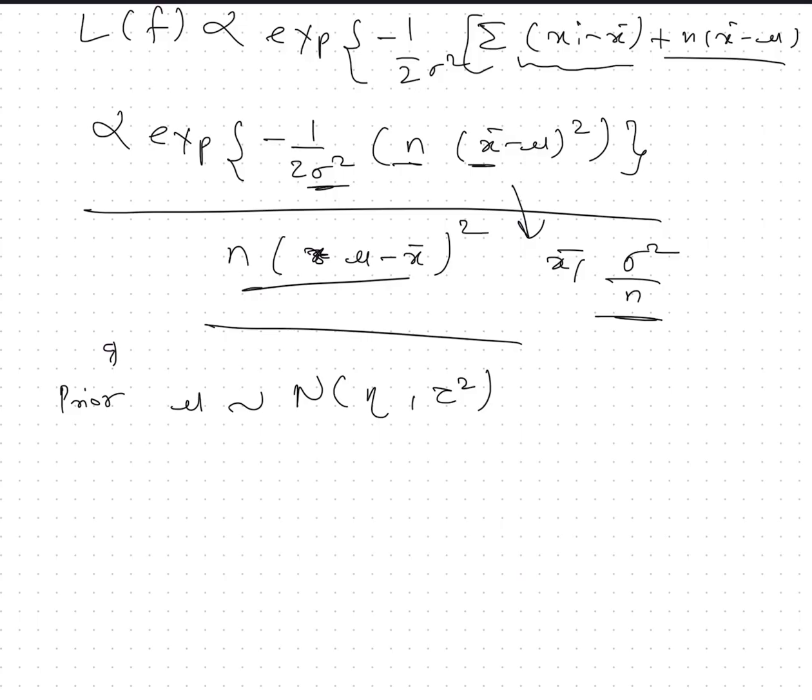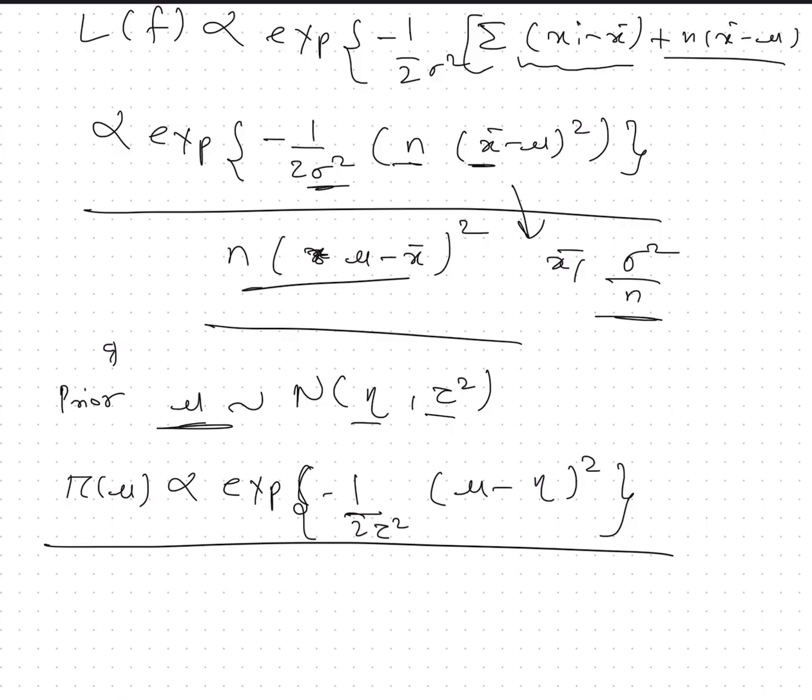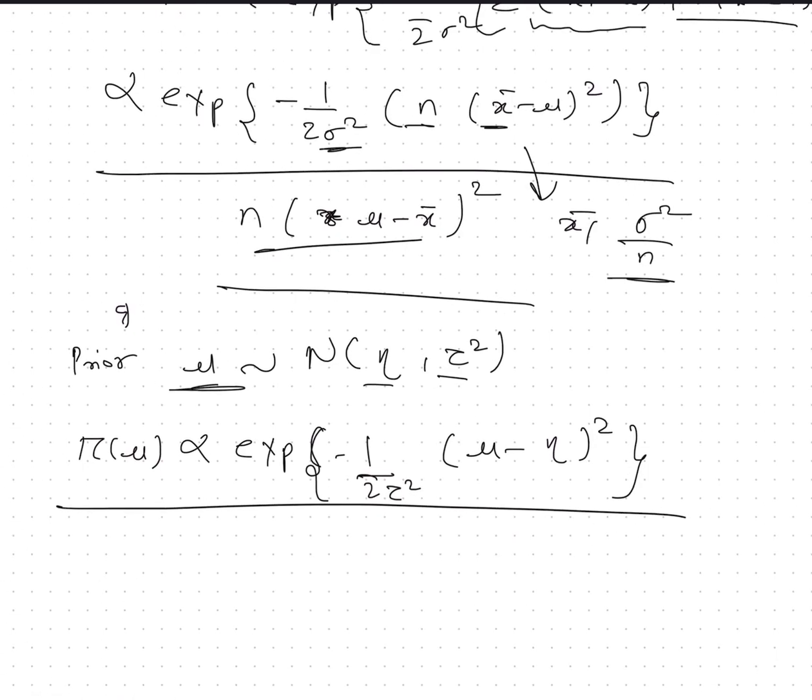So we can write the density for mu, pi of mu, as proportional to exponential of minus 1 upon 2 tau square, mu minus eta bracket square. So this should be pi of mu, that is the density of mu.